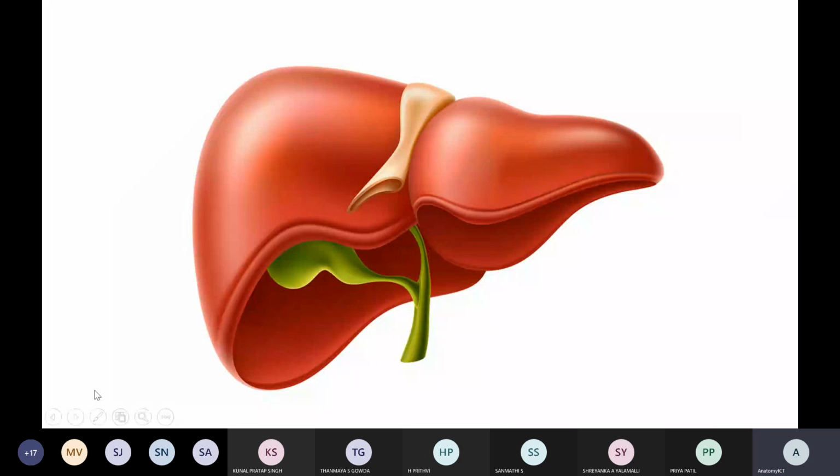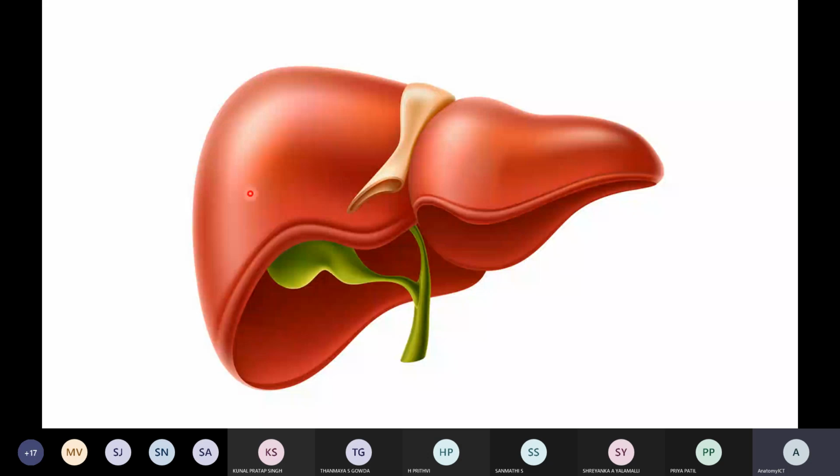Now the diaphragmatic surface, this is from here to here. In relation to the diaphragm, we call it the diaphragmatic surface, right? Now, not only the diaphragm, it even extends to this anterior surface also.